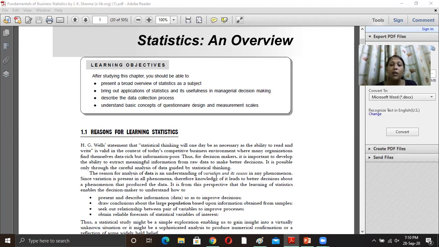Next, draw conclusions about the large population based upon information obtained from samples. We will learn what is population, what is samples. Seek out relationship between pair of variables to improve processes, and obtain reliable forecasts of statistical variables of interest.